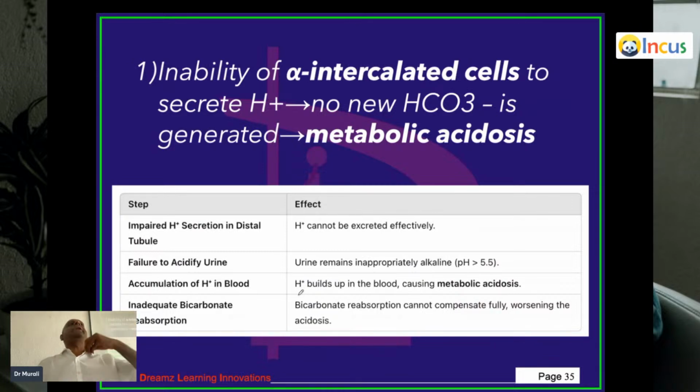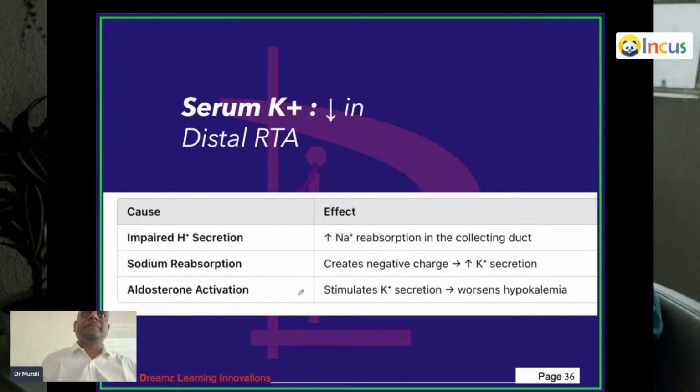Why, when there is a renal tubular dysfunction, is there an acidosis? Because the kidney's primary job is to get rid of acid from the body safely out into the urine. Any problem in the kidney will cause a problem in excreting the H plus ion, leading to the development of acidosis.